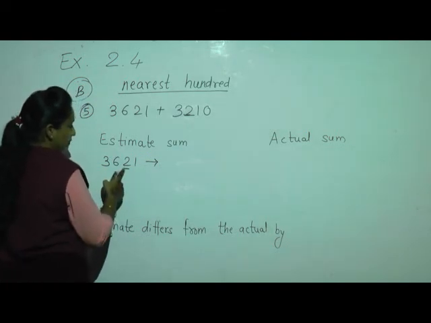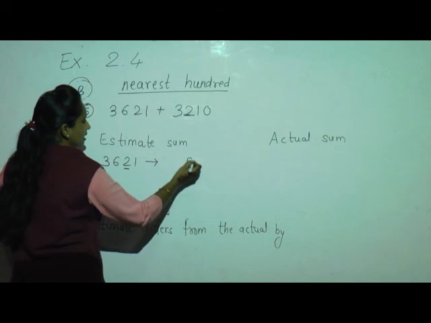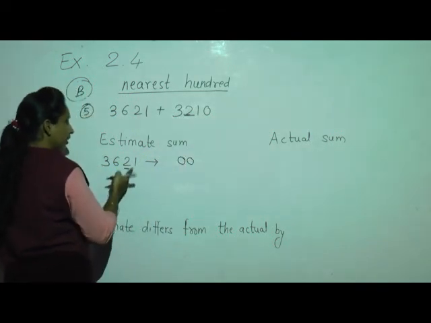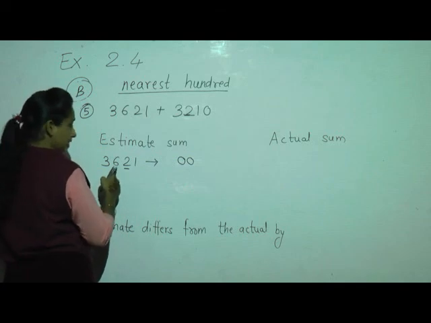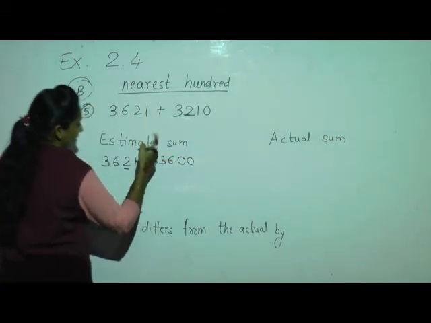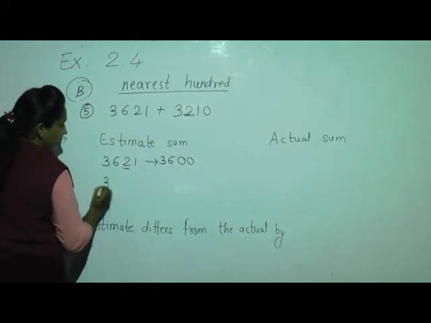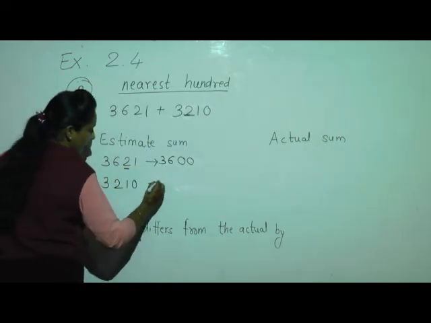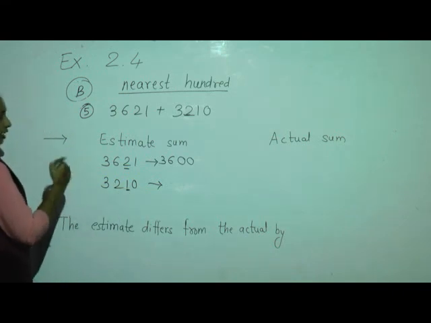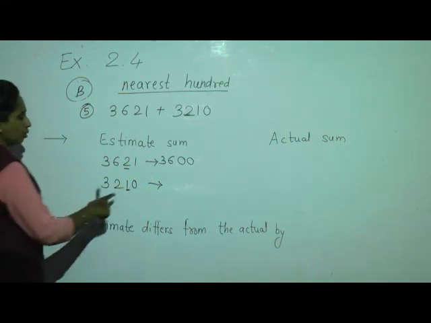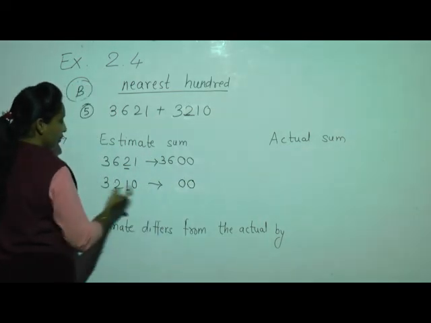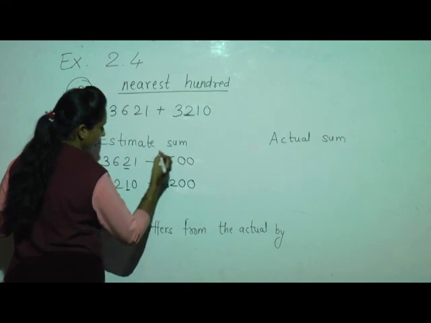What is there on the tens place? 2. So place the 0 at ones and tens. If it is less than 5, then without changing any number, write it as it is. And the next number is 3,210. Underline the tens place because we are doing nearest to 100. So place the 0 at ones and tens and without changing any number of the hundreds place.